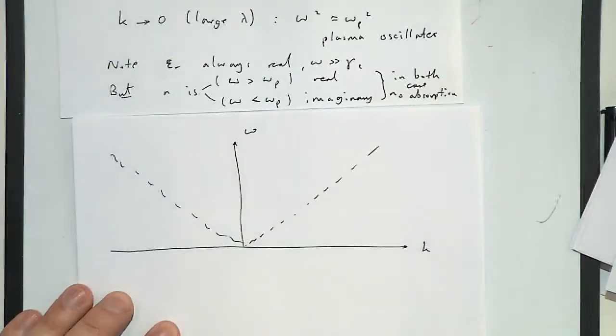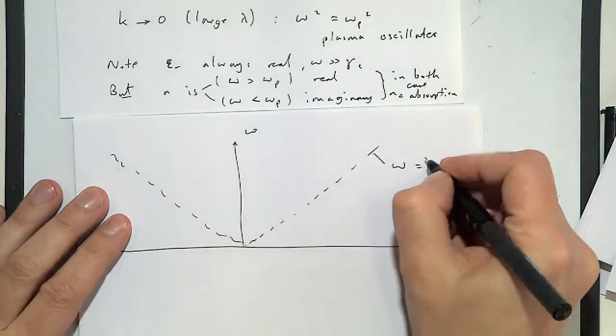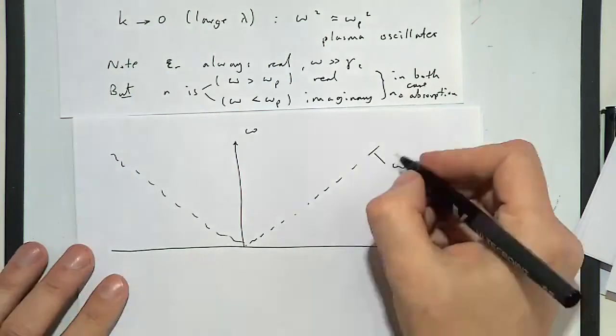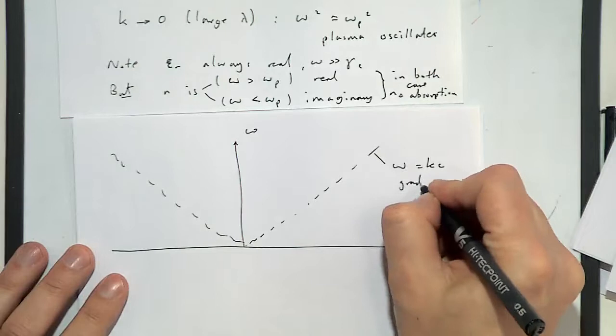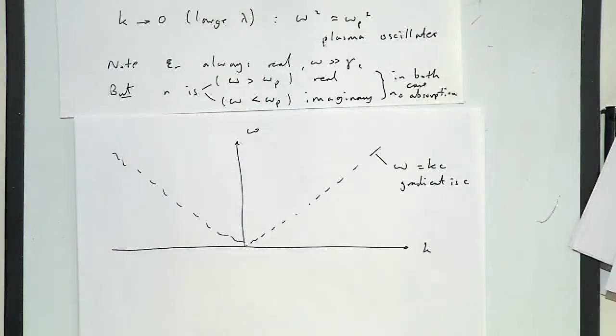Those dotted lines are meant to be the situation of free space. So that dotted line is omega equals kc, and obviously minus kc on the other side. So those are our two directions. Clearly the gradient of that line is c. That's what would happen if there were no electrons able to be moved around.